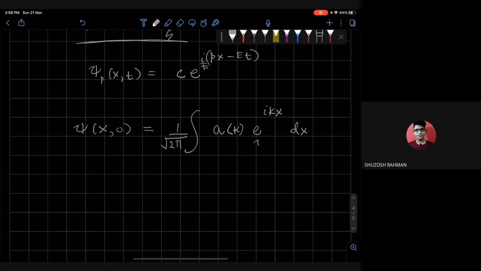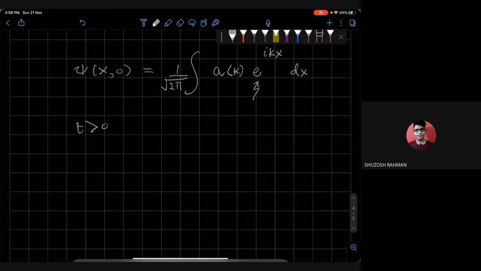Now see how each of these will evolve with time. For time t greater than 0, each of these factors will become e to the power i (k x minus omega t), right?